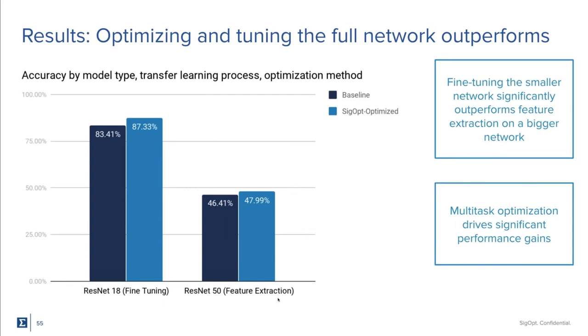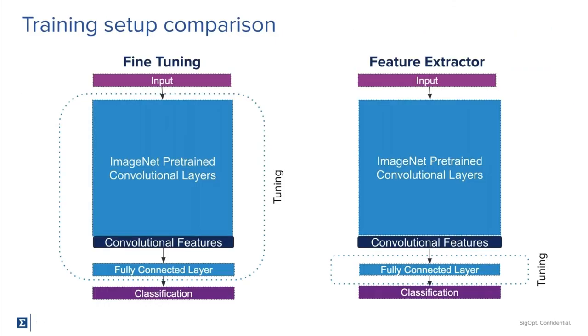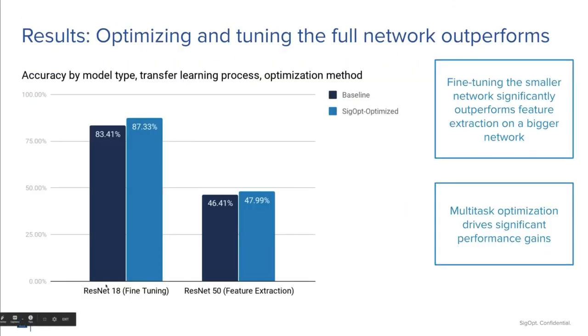But one interesting thing too is by going back and retuning those parameters and allowing the network to learn over the larger space, you can take a much simpler network like ResNet 18, a much smaller network that might be more readily applied to an IoT use case or whatever it may be, and actually get significantly better results than just the transfer learning version of a much larger network.